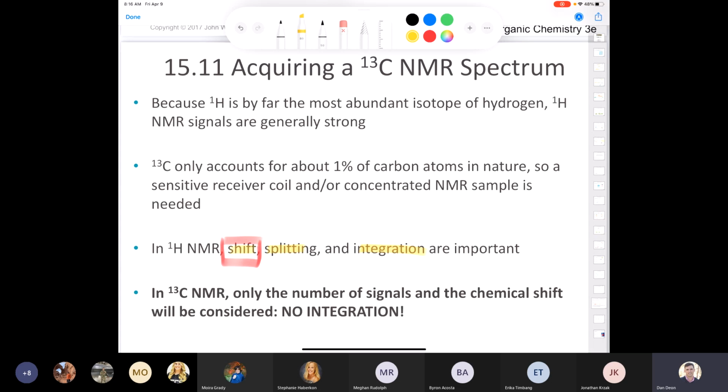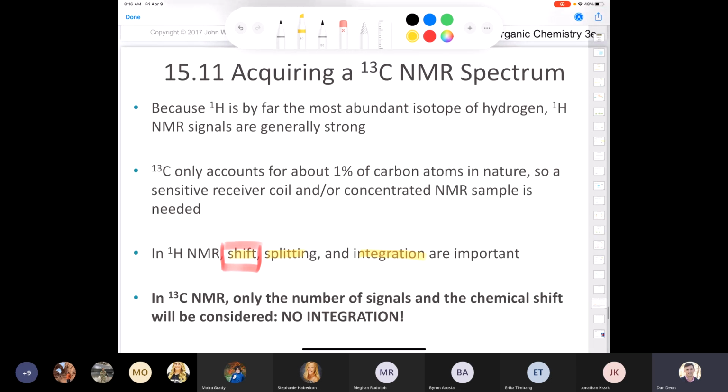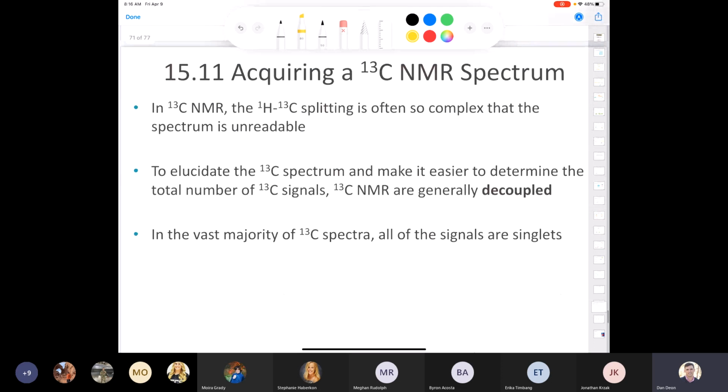And so you have to have a more sensitive receiver coil or a more concentrated sample. Usually what we try to do is run more concentrated samples when we want to run a carbon-13 spectrum. So again, all we're going to see are singlets, if you will, single peaks, and we're just going to analyze them based off of their chemical shift.